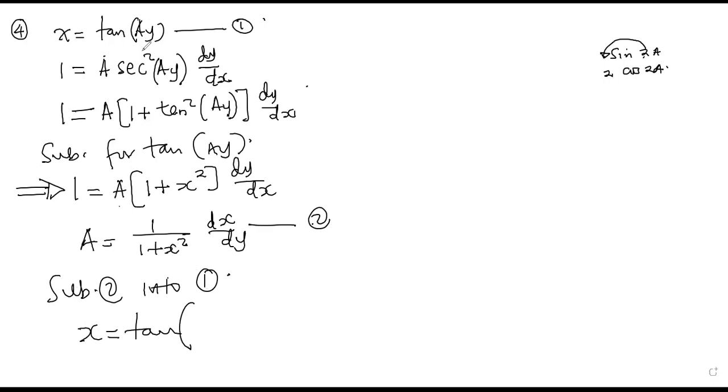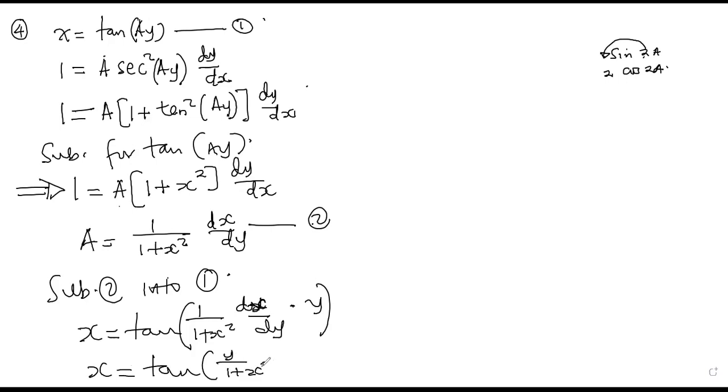So a is 1 over 1 plus x squared, dx dy, times y. Which is the same as x is equal to tan, y can come here, y over 1 plus x squared, yeah, dx dy.